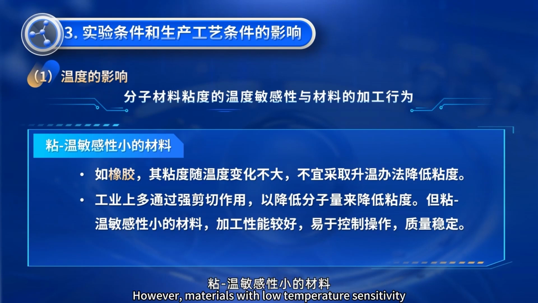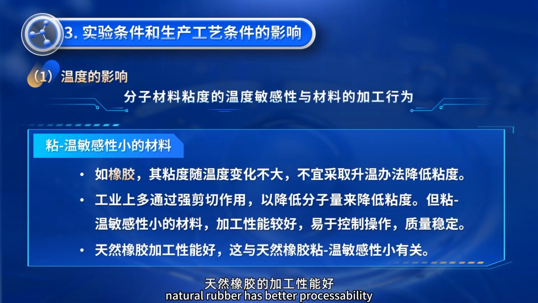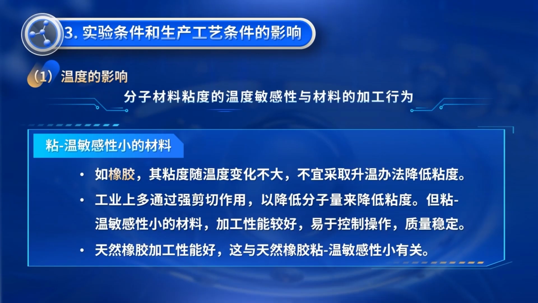However, materials with low temperature sensitivity generally have better processability. They are easier to control during operation, and quality is more stable. Compared to styrene butadiene rubber, SBR, natural rubber has better processability. This is related to the low viscosity temperature sensitivity of natural rubber.